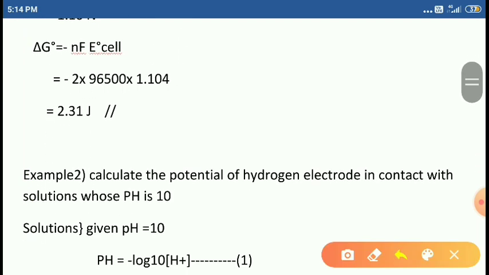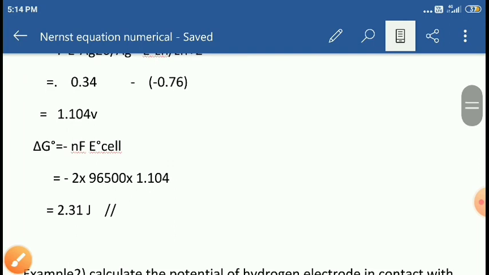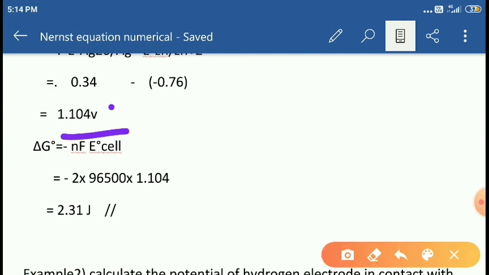After getting this, we have to calculate the E cell value, the E naught cell standard electropotential, and substitute it in the free energy formula, delta G naught is equal to minus nF E naught cell. n is the number of electrons transferred, F is the Faraday charge, and E is the electropotential of the cell.